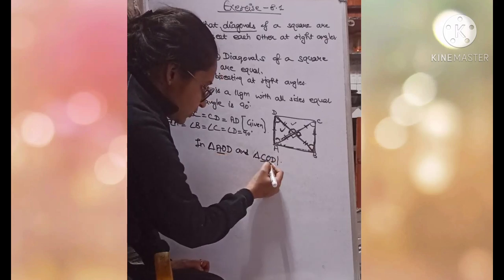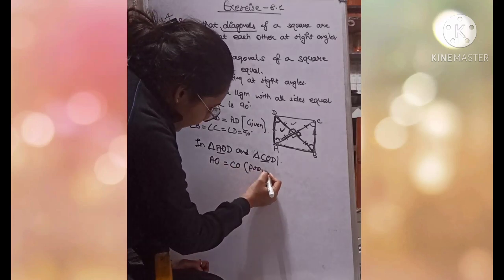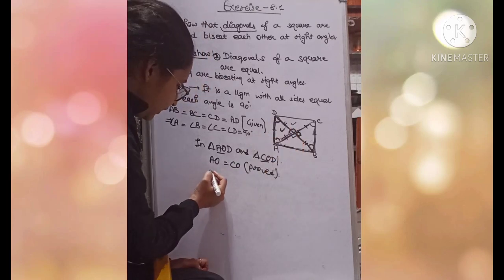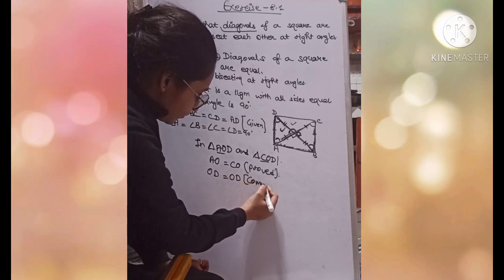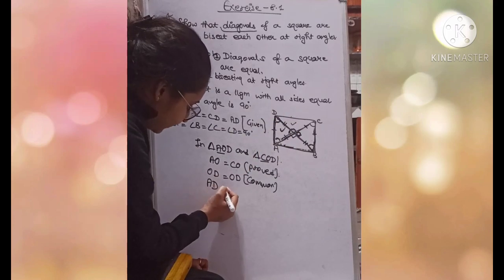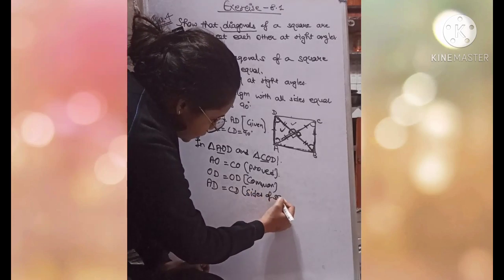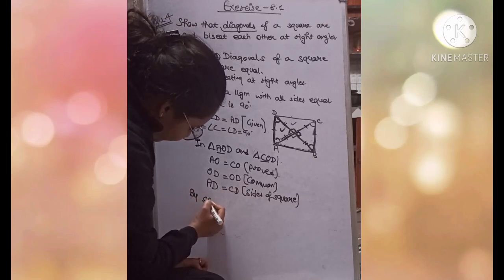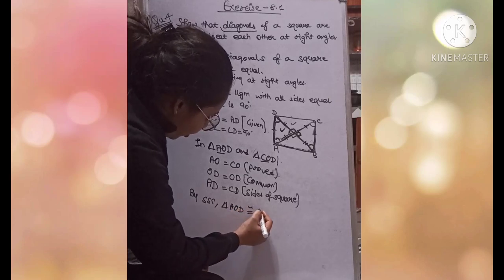First of all, AO is equal to CO, that we have proved, and OD is equal to OD, which is common. And AD is equal to CD. Why? Sides of a square. So, by the SSS congruency rule, these two triangles are congruent.